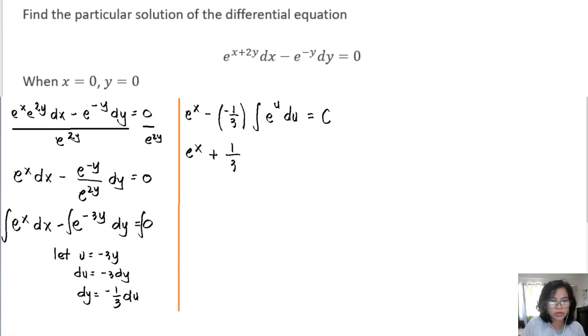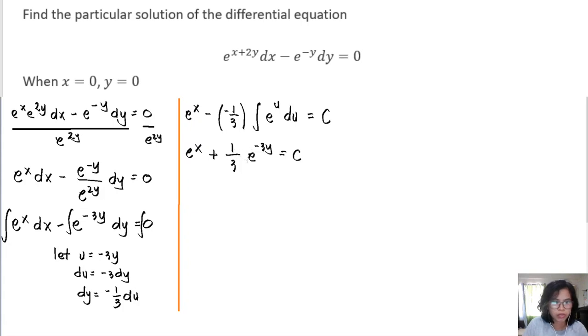Integral of e to the u du, that is simply e to the u, right? But what is our u? Go back to this substitution method, negative 3y, plus c. So now we have gotten the general solution for this one.